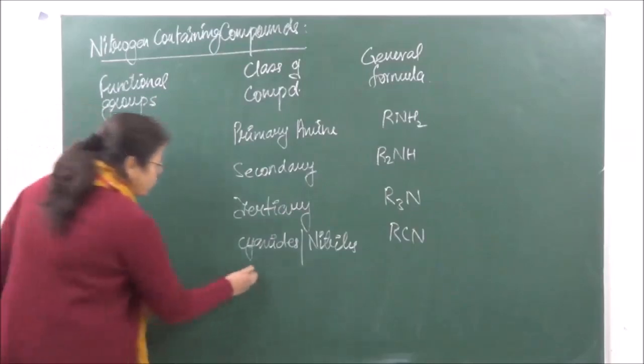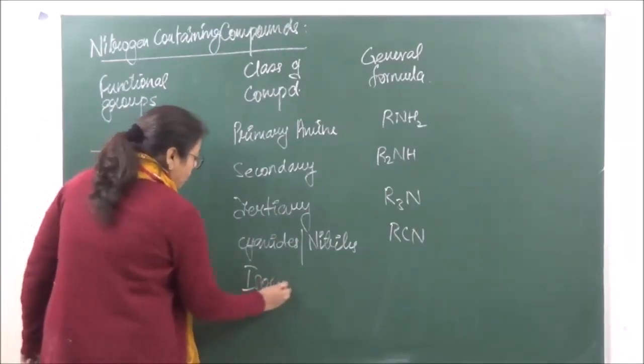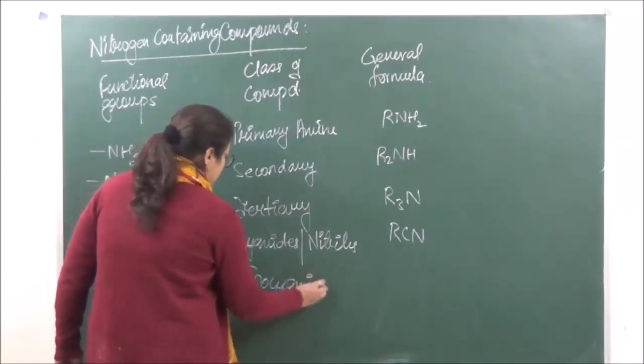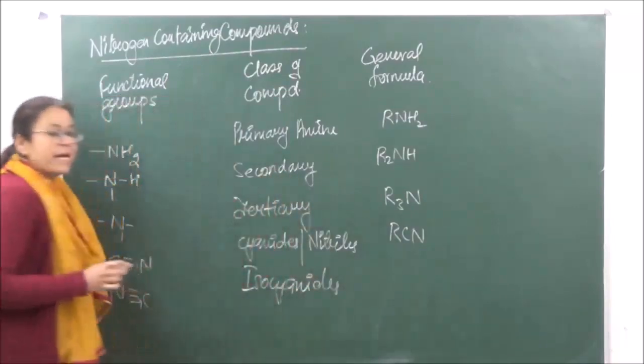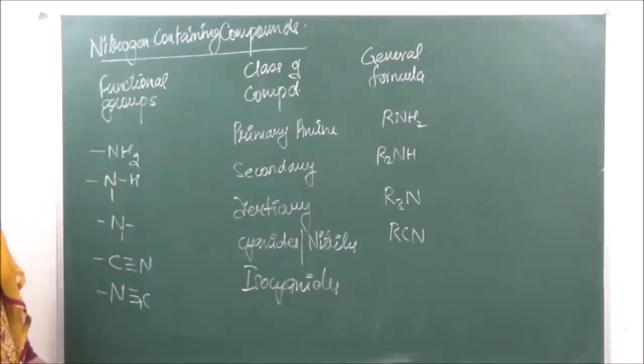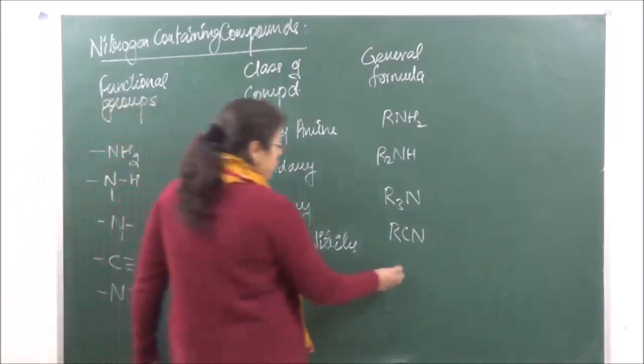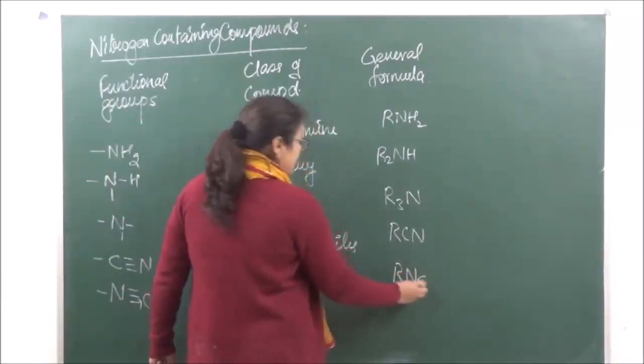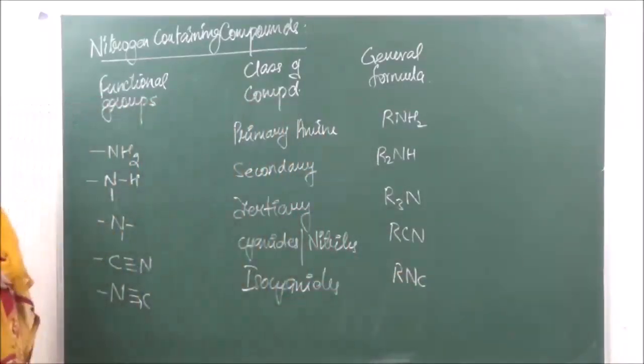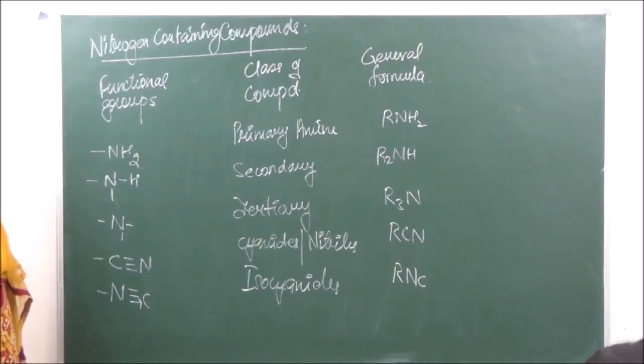These are going to be known as isocyanides, right? And they have the general formula RNC. Okay, then we have the nitro compounds. You know what nitro compounds are. They have the functional group NO2 and they are known as nitro compounds.